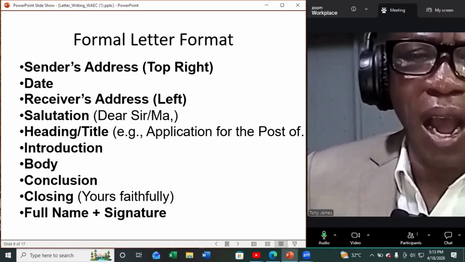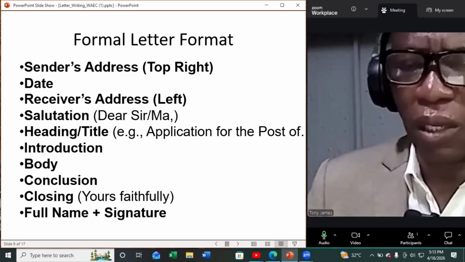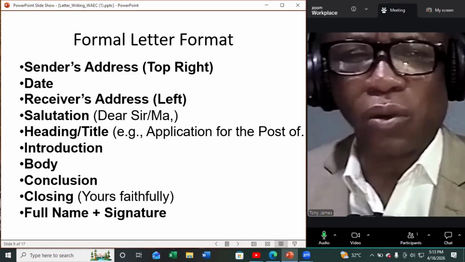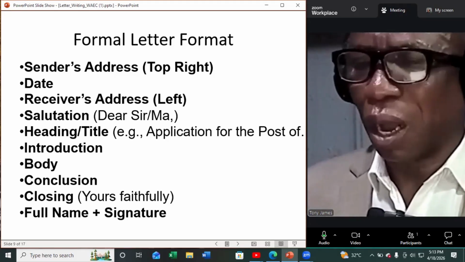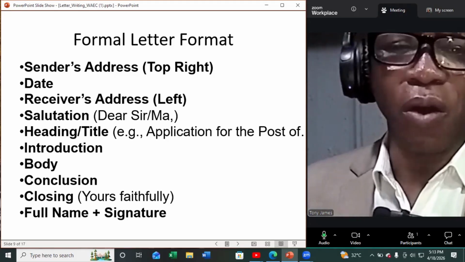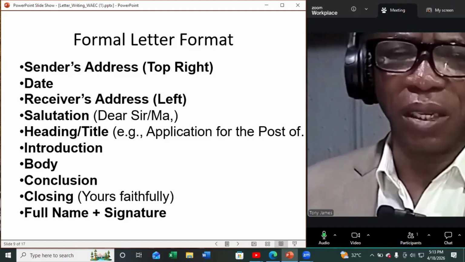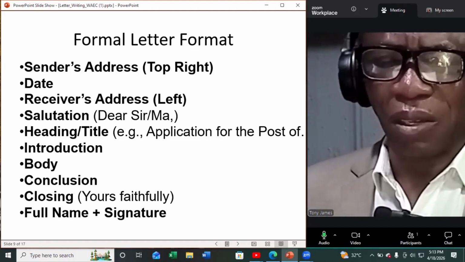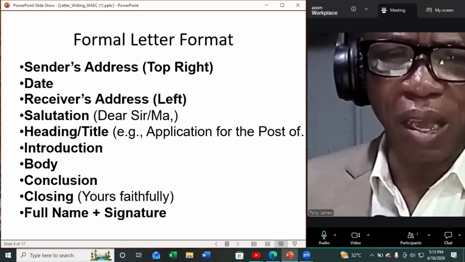There could be several hundreds of applications. So if you are still writing a long note in the introduction, the person that is sorting the letters may not have time to go through all the lengthy note. So let the person that received your letter be able to see the reason for your letter directly in the introduction without wasting time.